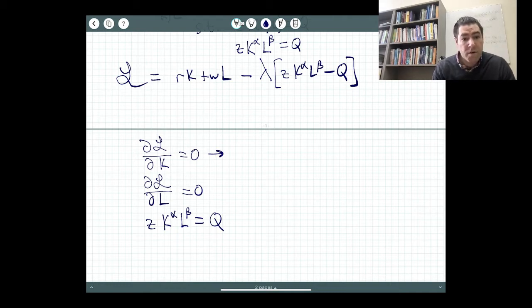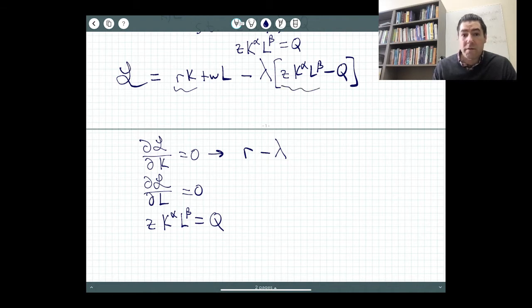Differentiate the Lagrangian with respect to K. So we've got R, right? The derivative of RK with respect to K is just R. And then I've got minus lambda times the derivative of the production function with respect to capital.